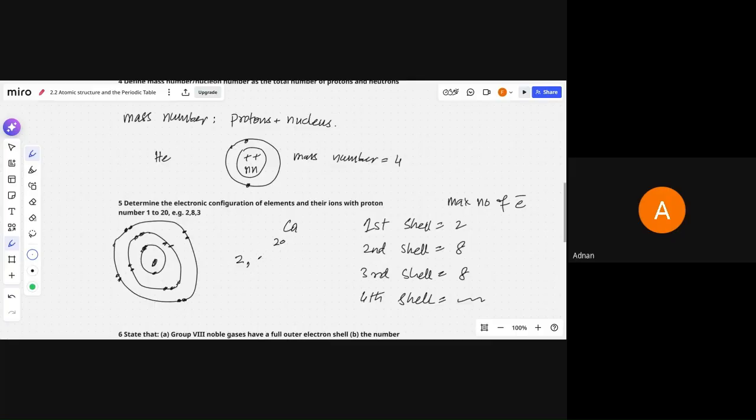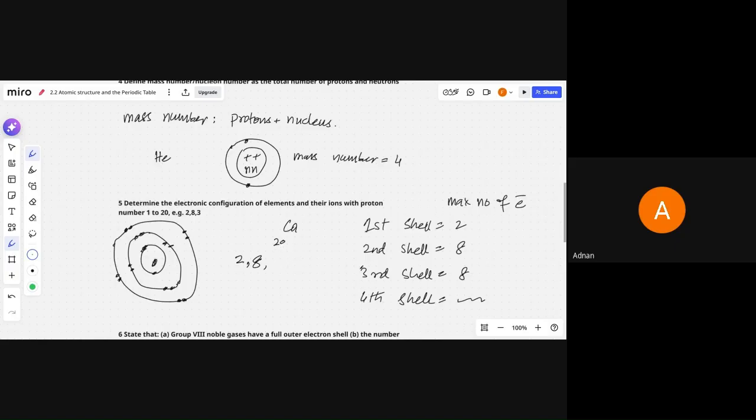For the second shell, out of 20, we have used 2 electrons. We have 18 remaining, but out of 18 remaining, only 8 can enter the second shell, because we have a limit, as I've explained here. We cannot have more than 8 electrons in the second shell. So now that we have added 10 electrons out of 20, 10 are remaining.